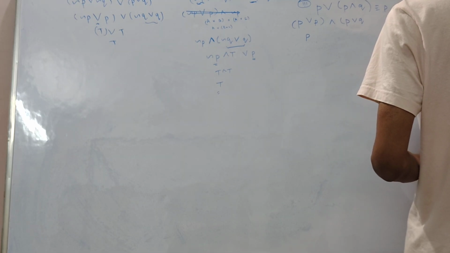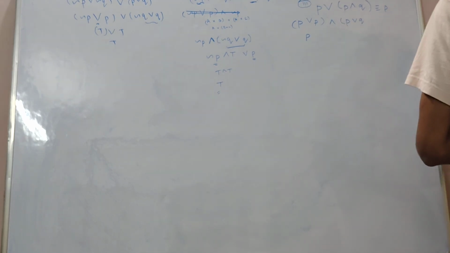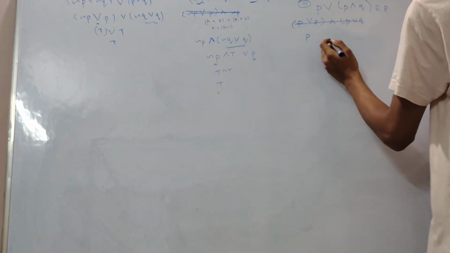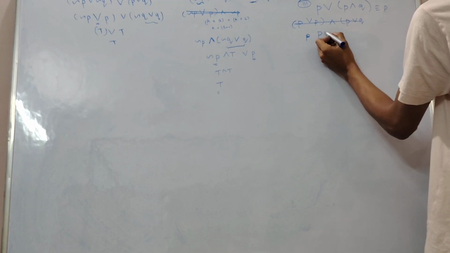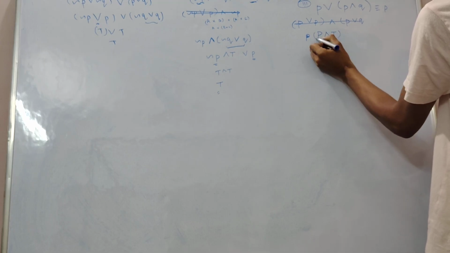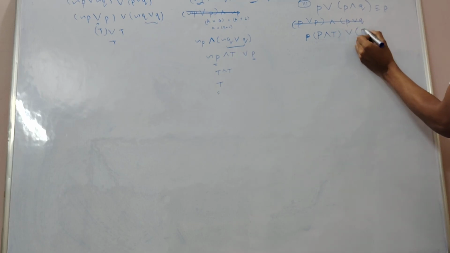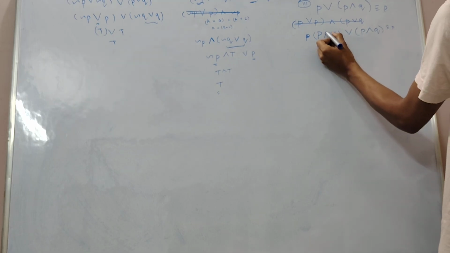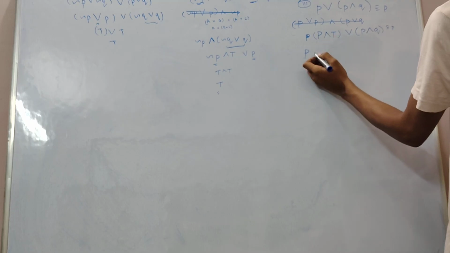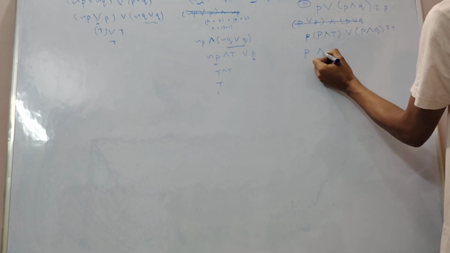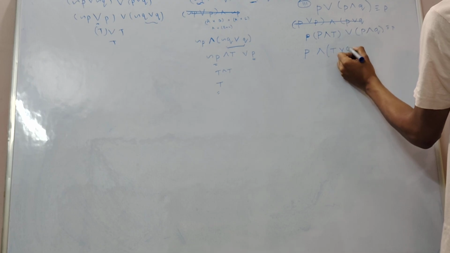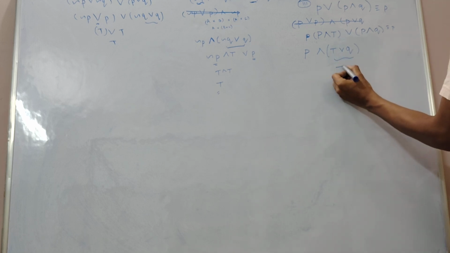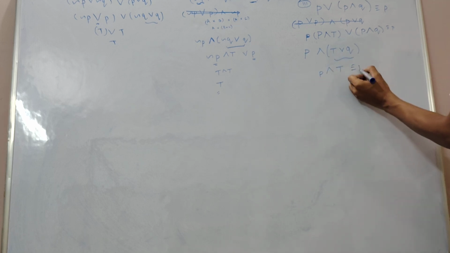Or simply I can write this as I have to prove this, right? I can write this as P and tautology. This will give me P or P and Q, right? So I can write this as P, right, and P or Q, right? T or Q will give me T, P and T will give me P, right?